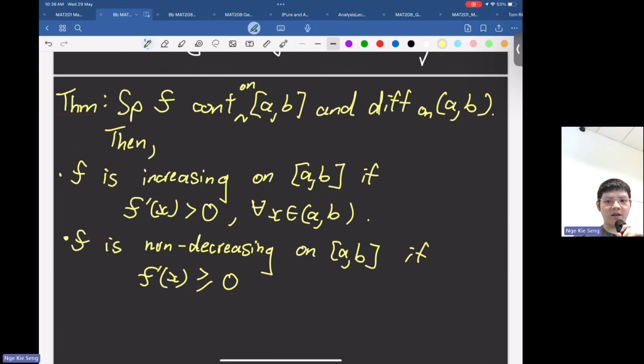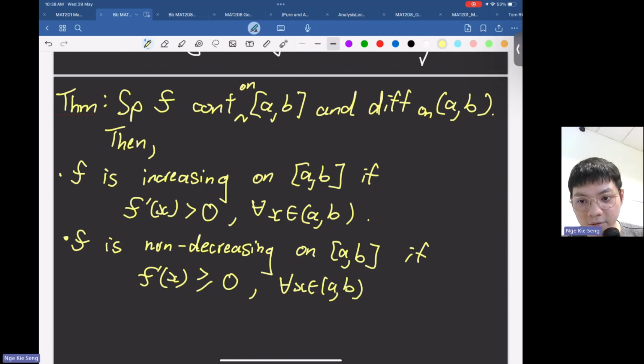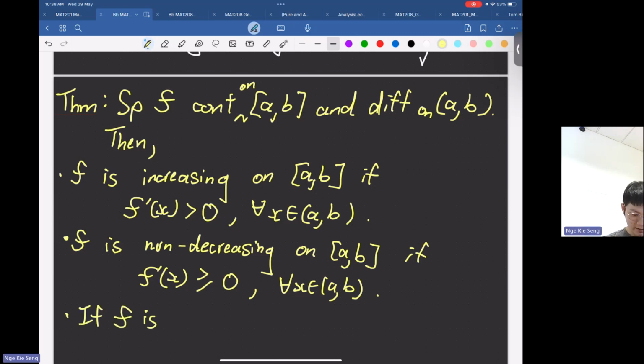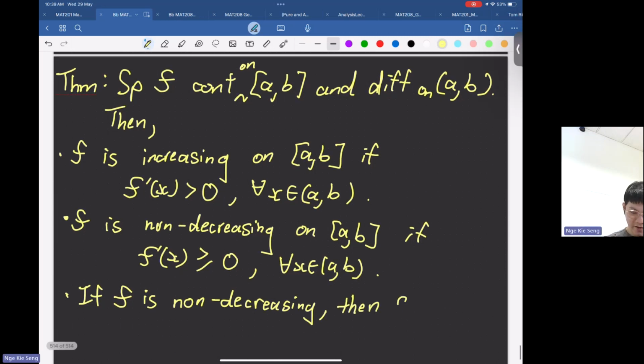Although we observe that, we still need to prove it. And the last thing here is kind of equivalent: if f is non-decreasing, then you can also prove that f prime x is greater than or equal to 0.